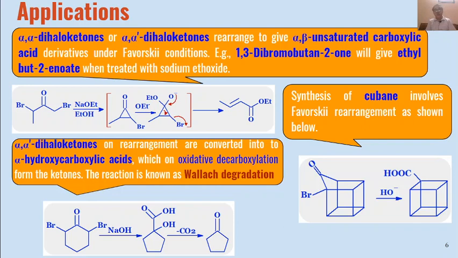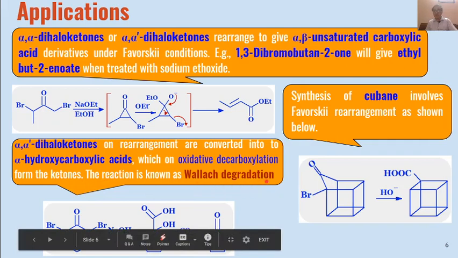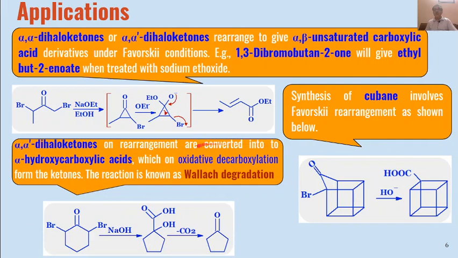So when alpha-alpha dash dihaloketones on Favorskii rearrangement are converted into ketones through carboxylic acid, then this reaction is known as Wallach reaction or Wallach degradation. So basically an additional step of oxidative decarboxylation takes place.